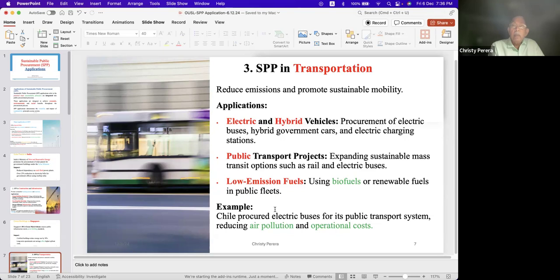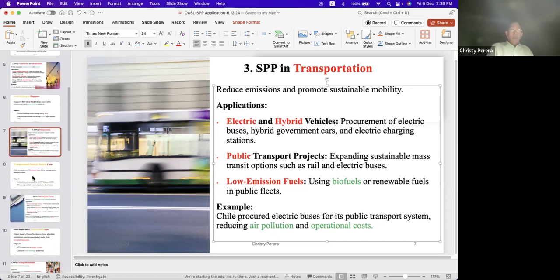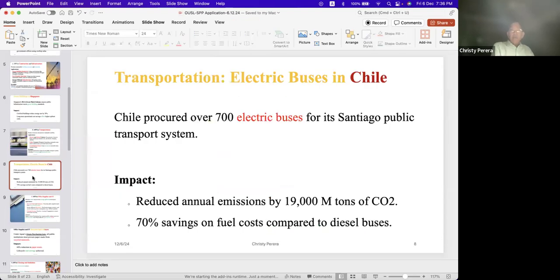Chile procured electric buses for its public transport system, reducing air pollution, emissions, and the operational cost also. Operational cost means in the long run, there is zero cost for operational matters. We'll see about Chile. Chile procured over 700 electric buses.